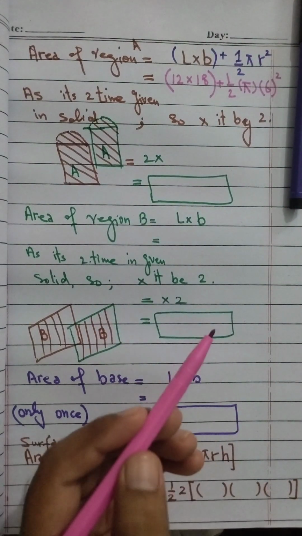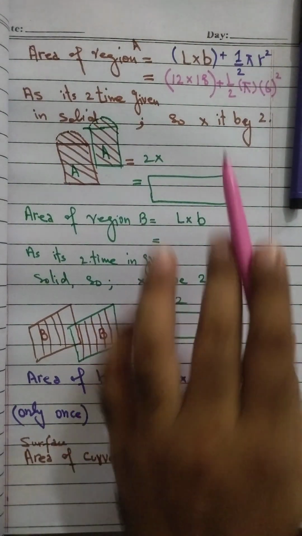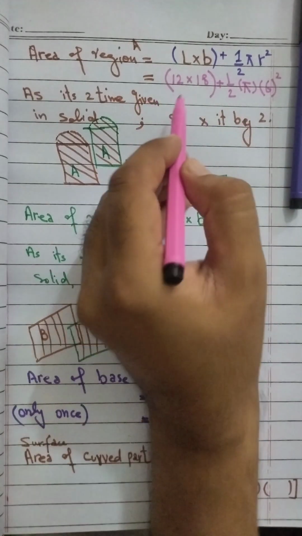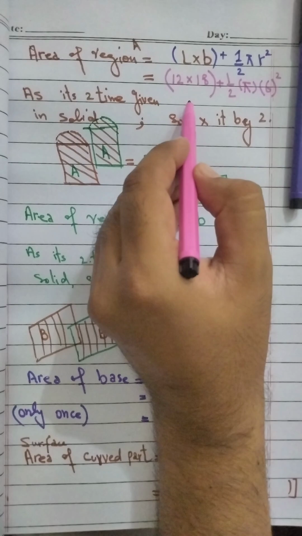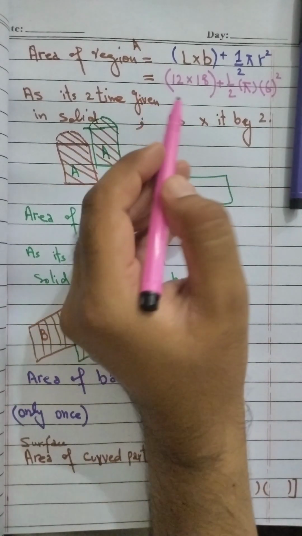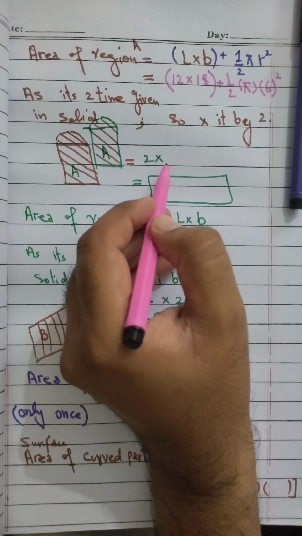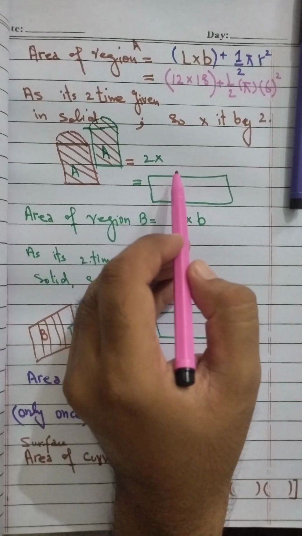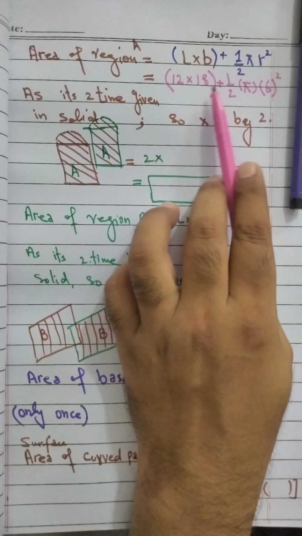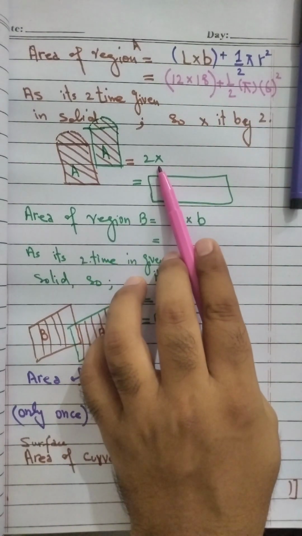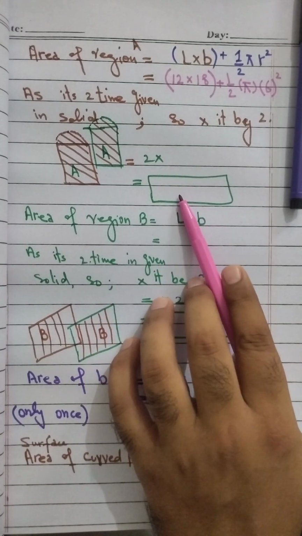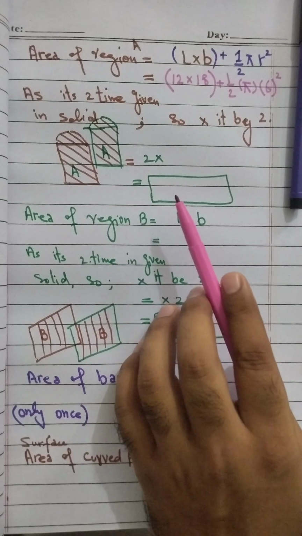When we solve all these things and get the answer, we will multiply it by 2. After multiplying by 2, we get its answer. We will do so with the help of a calculator.